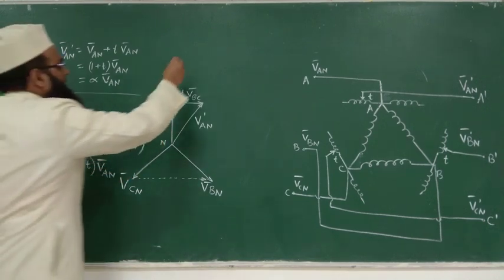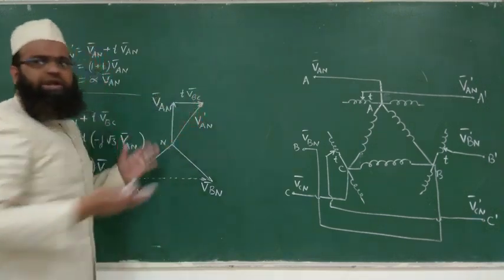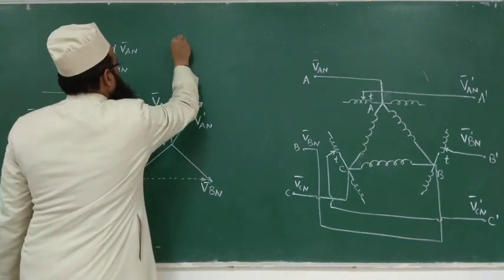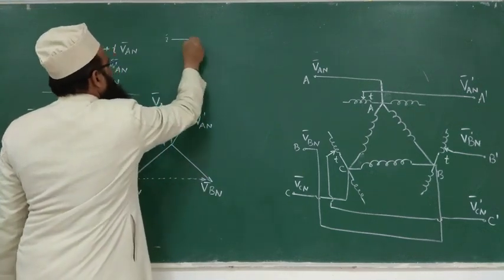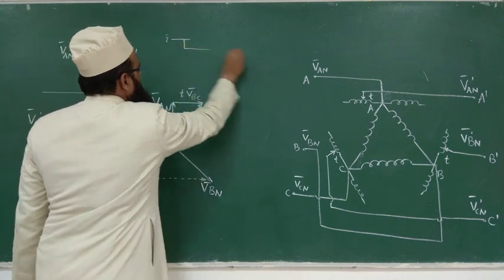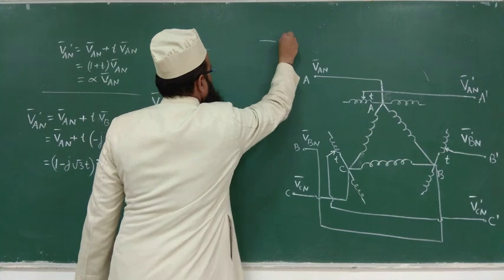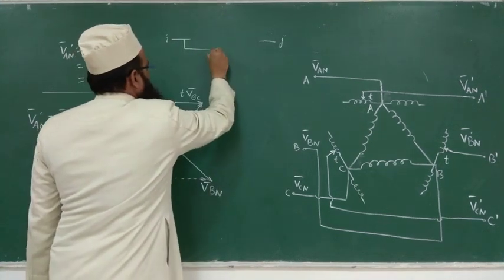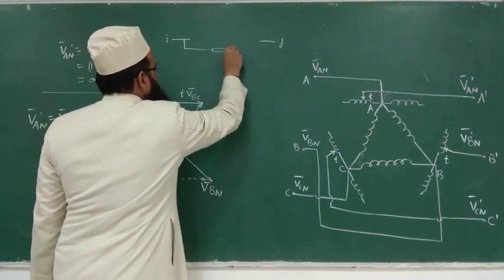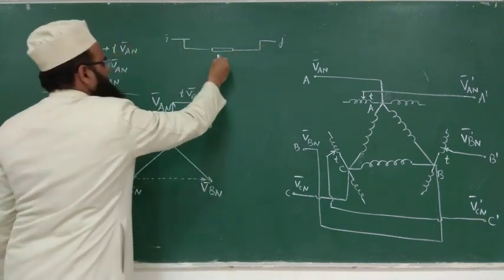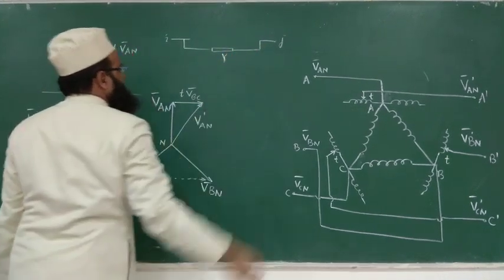So let us represent any two buses and one line connected in between the buses. Let us say this is the ith bus and this is the jth bus, and you are connecting these two buses and representing the line admittance or impedance by, say, Y admittance, right?